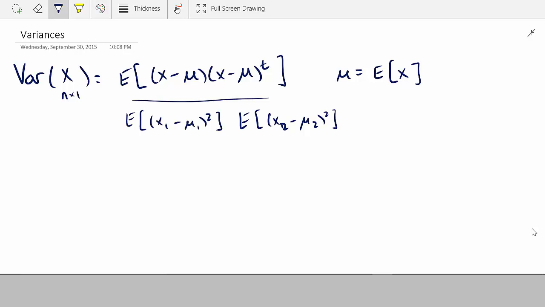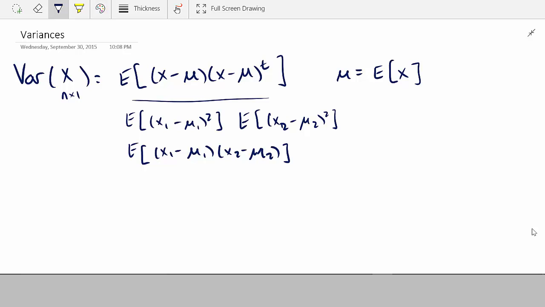The first off-diagonal element, either above or below the diagonal, is just the expected value of x1 minus mu1 times x2 minus mu2.